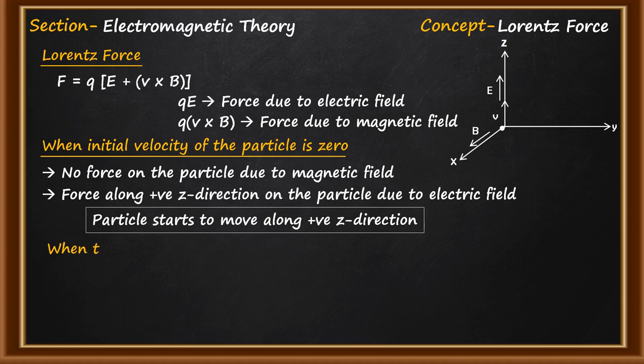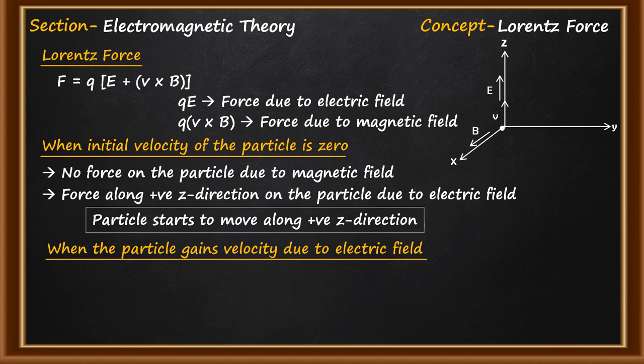Now once the particle gains the velocity, what will happen? Here the force due to the magnetic field comes into picture. This magnetic force will act along positive y direction initially. Why initially, I'll explain.